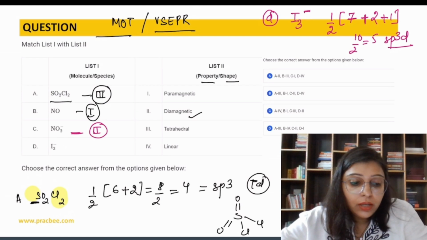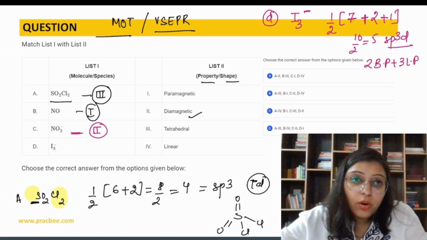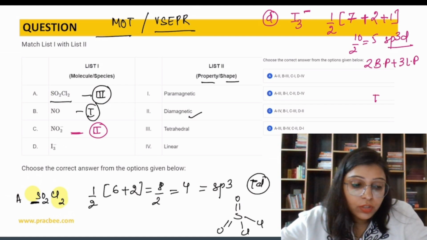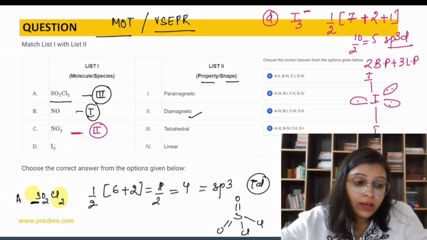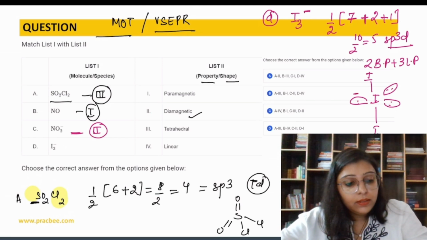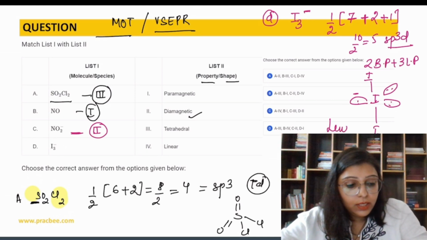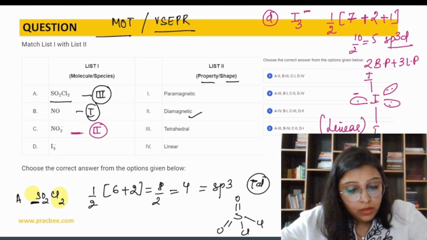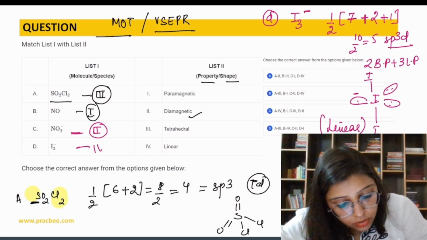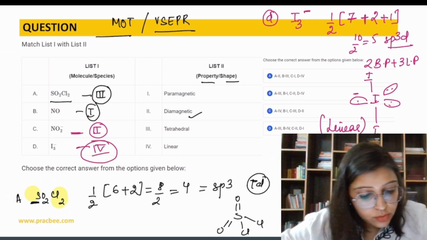But we have only 2 bond pairs plus 3 lone pairs. So lone pairs occupy the equatorial position. So we have I and this is going to be I. Is it clear? So we can say the shape is going to be linear. So linear means fourth.